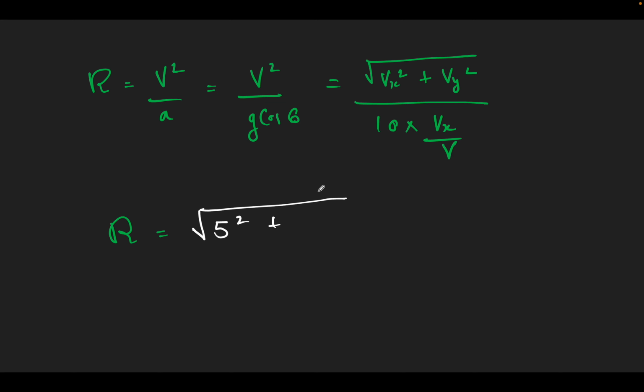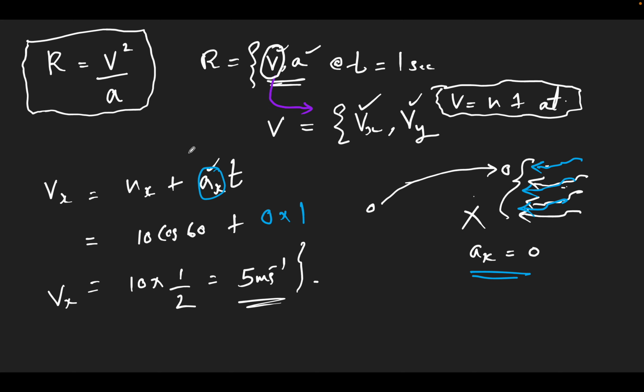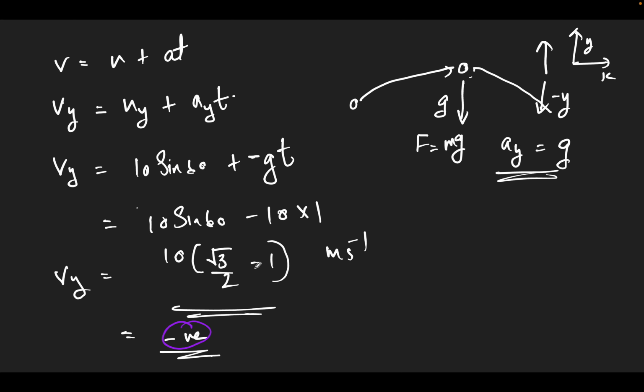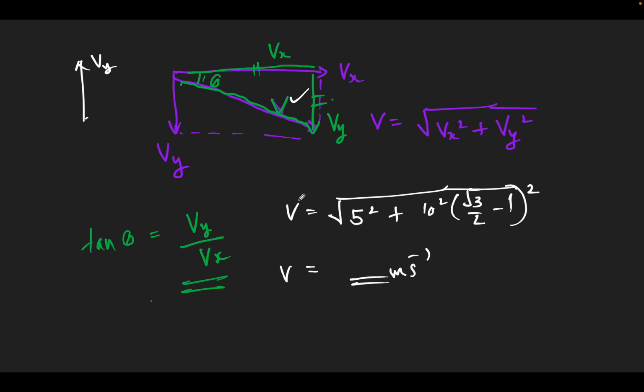So Vx, we know what Vx is. Vx is here 5. What is Vy? Vy is this one, 10 into root 3 by 2 minus 1.